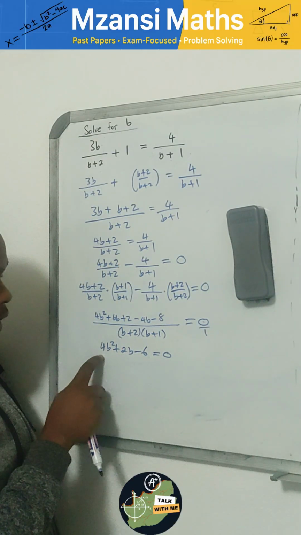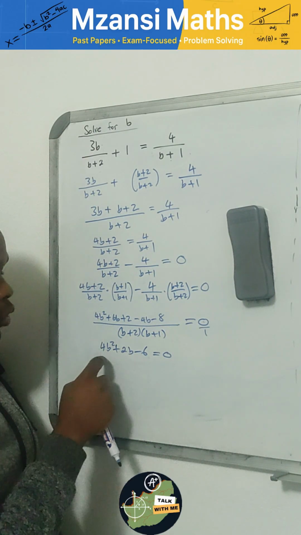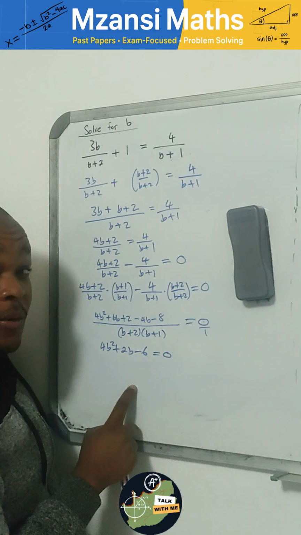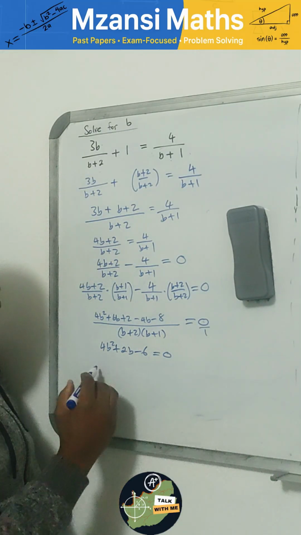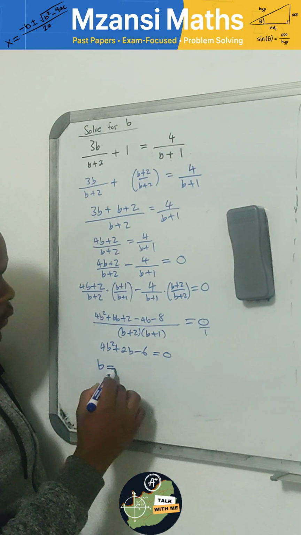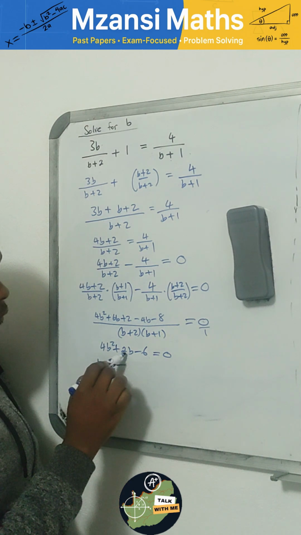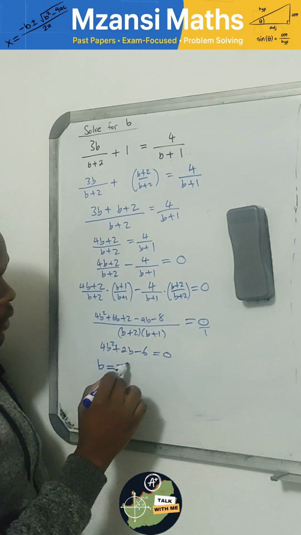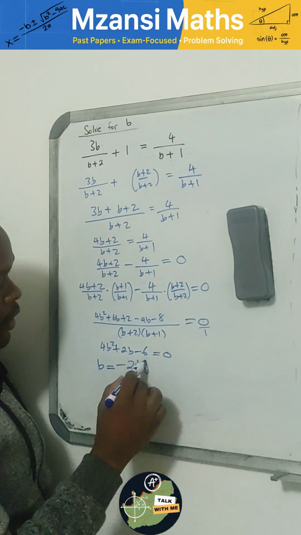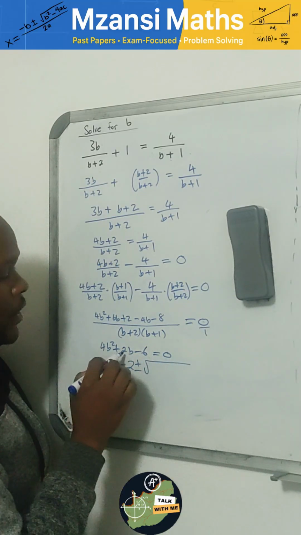Usually when I have the coefficient of b squared or x squared, if it's not 1, I just opt to use the quadratic formula. So to solve for b, you can simply use the quadratic formula. It will be confusing because there's b here as well.